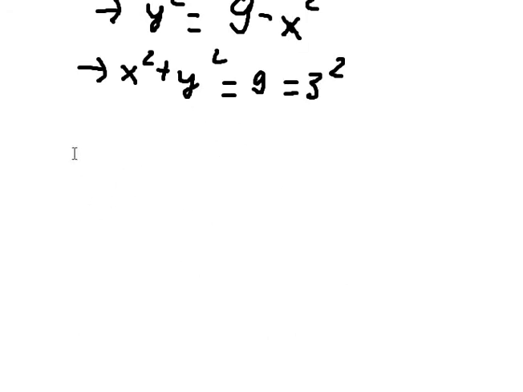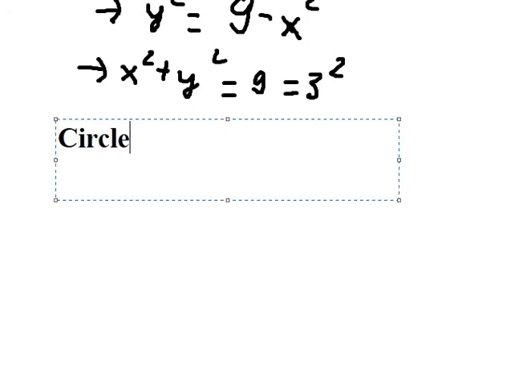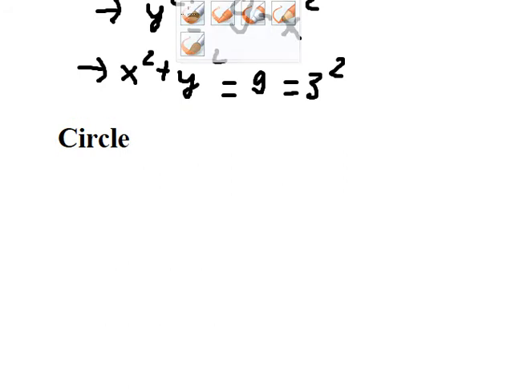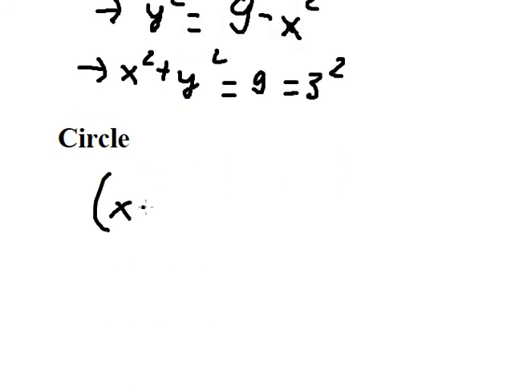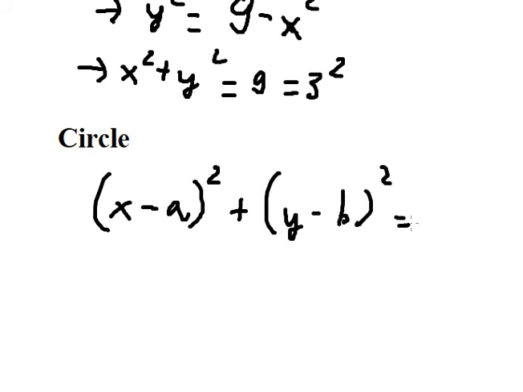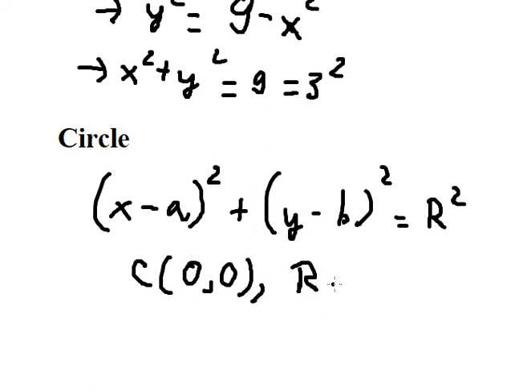Now we have the formula of the circle. We have x minus a to the power of 2 plus y minus b to the power of 2 equals r square. So we don't have a and b in here. So the center in here you got 0, 0, and the radius is number 3.